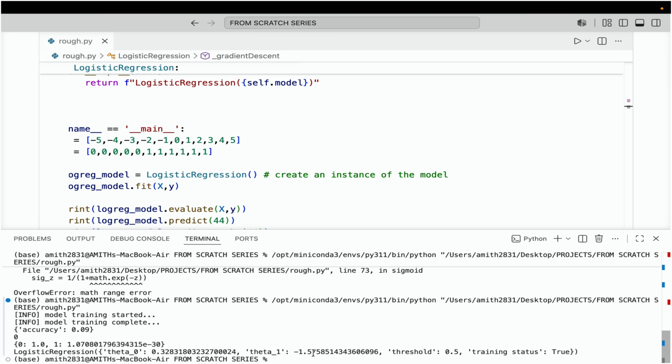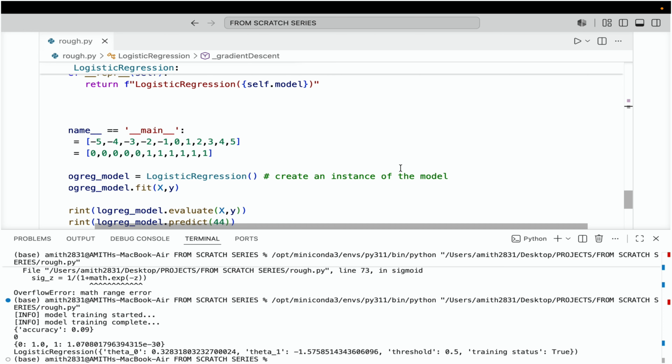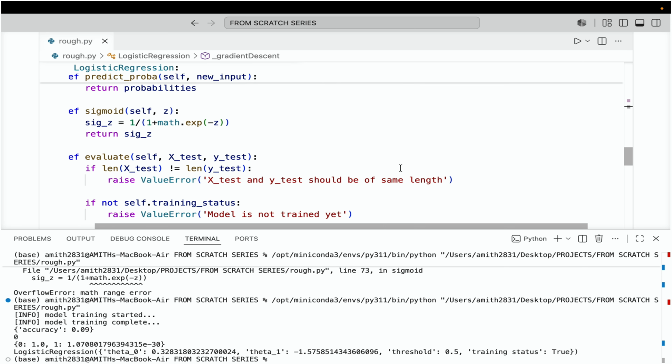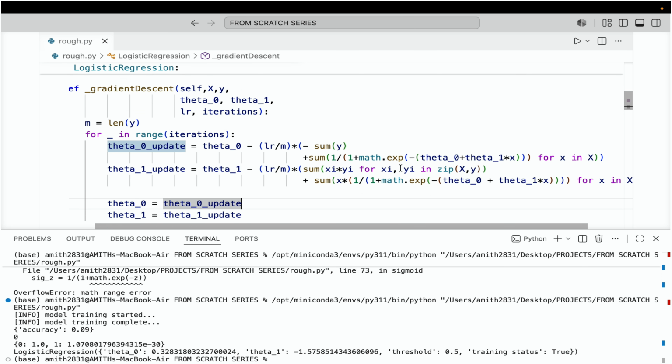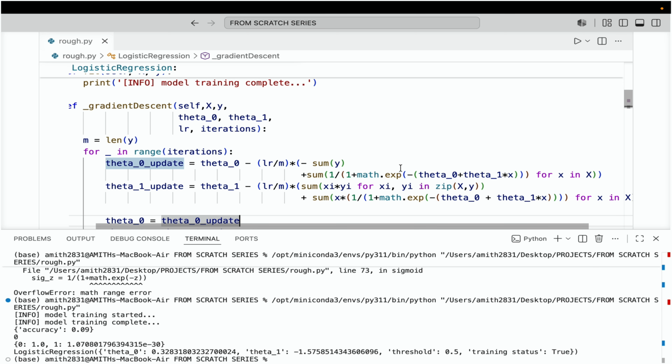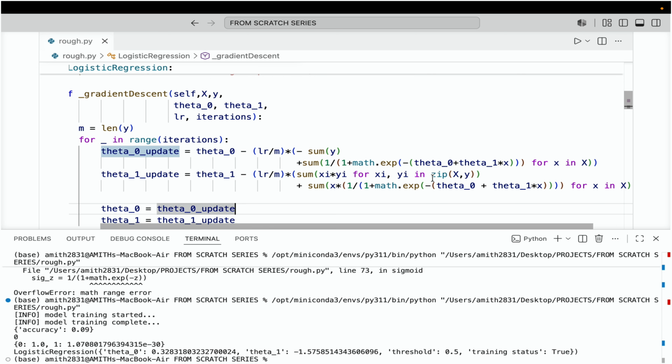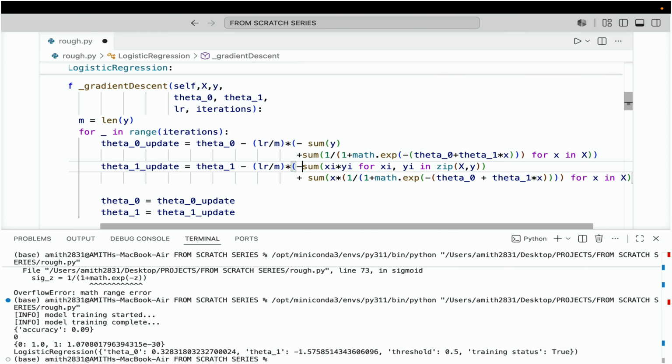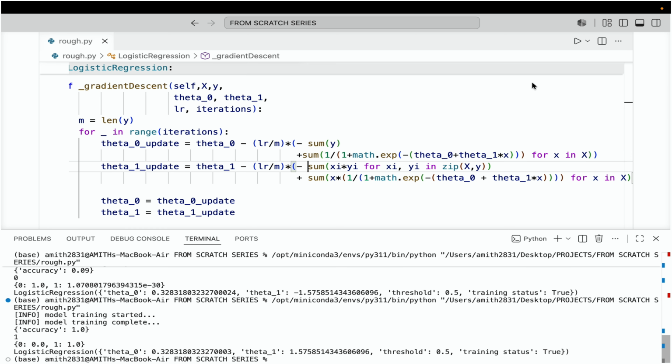Theta is okay. I think I might have missed the negative. Yes, so you see that it's producing this.